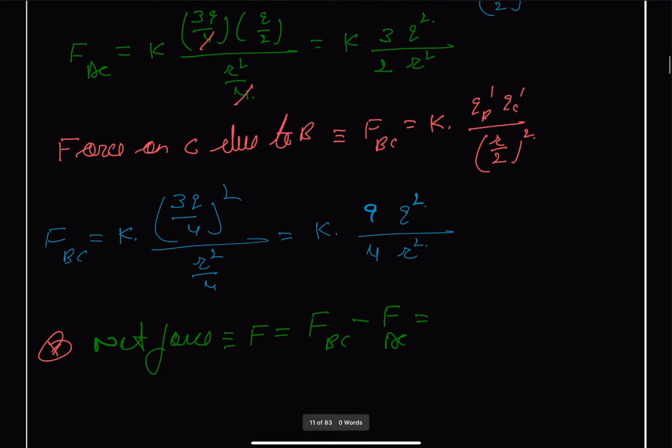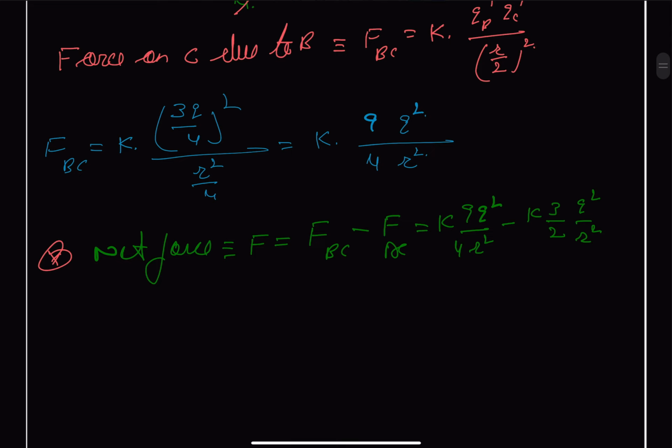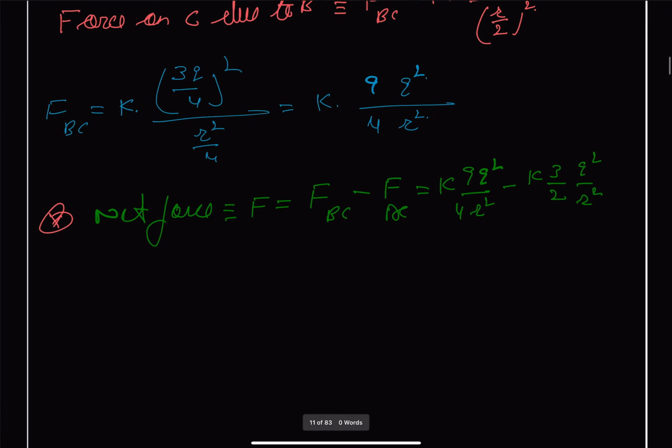So our F_BC was K times 9Q square upon 4R square minus K times 3 by 2 Q square upon R square, and we can just take common. This gives us K Q square upon R square, and we are left with 9 by 4 minus 3 by 2.